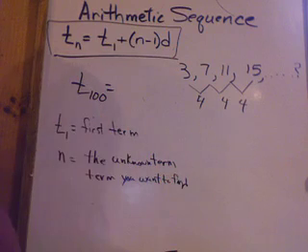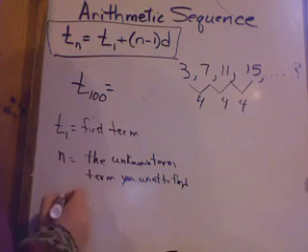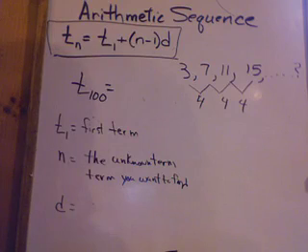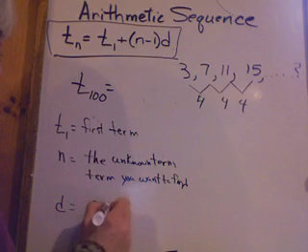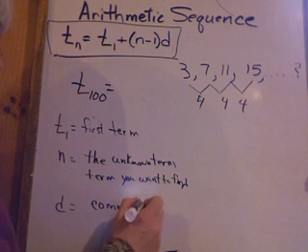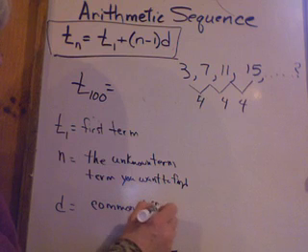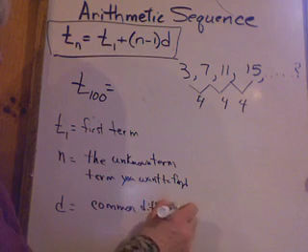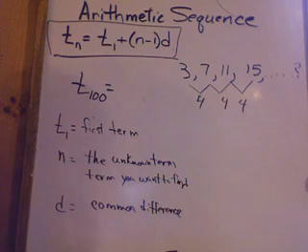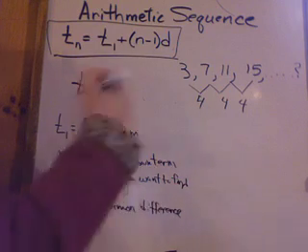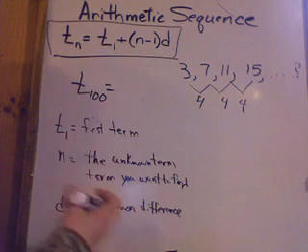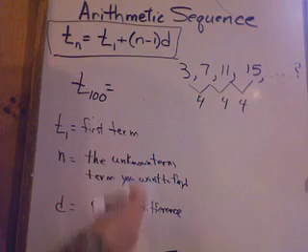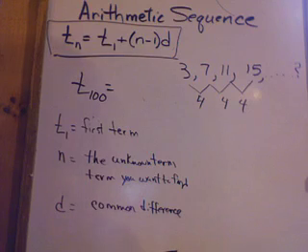In our case, we're going to find the 100th term. And D is what's called the common difference, or the number that's added or subtracted to get to the next term. That's why it's called common difference. So it includes both adding or subtracting, but you're using arithmetic to get from one term to the other.